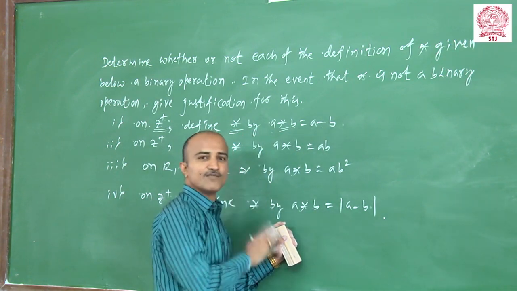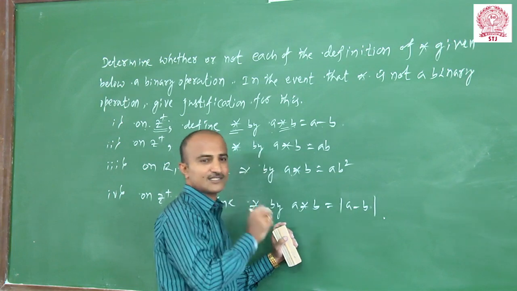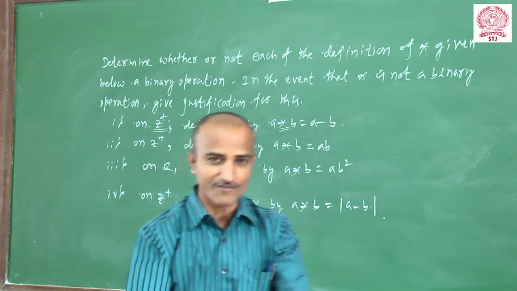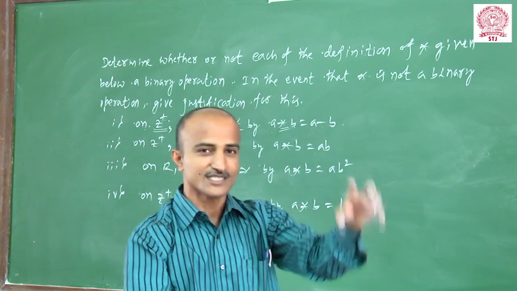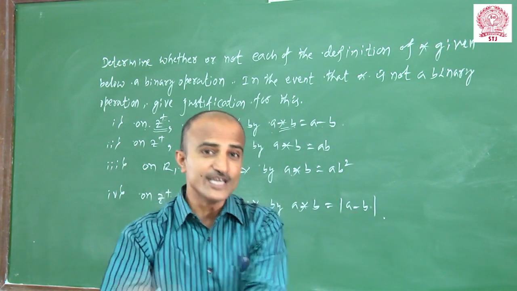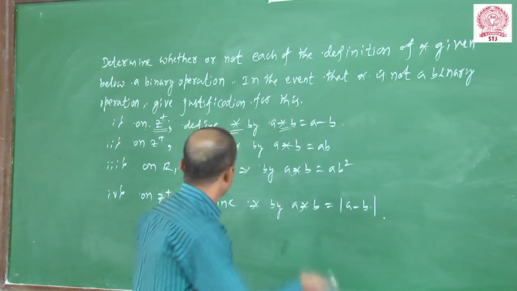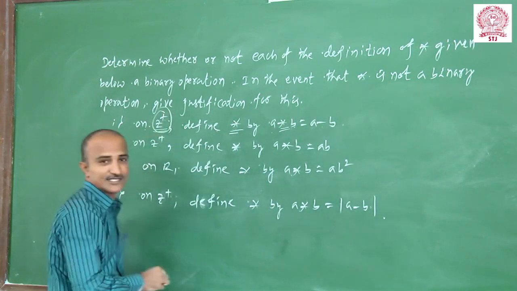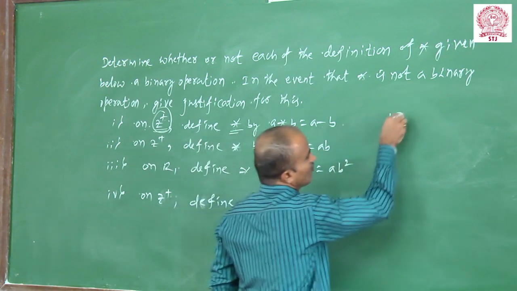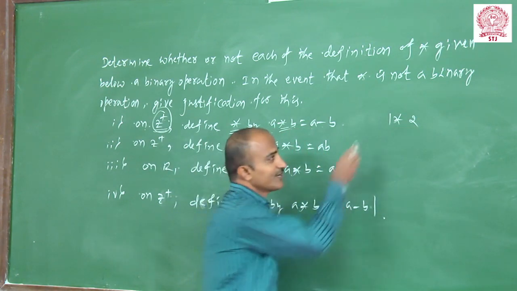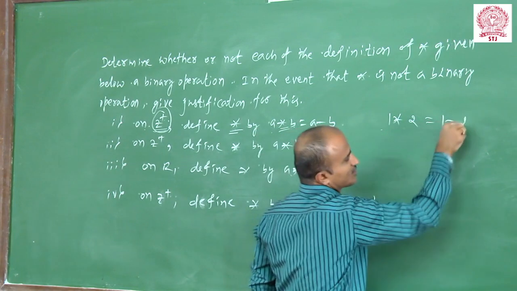Star is not a binary operation because, according to the definition of a binary operation, when a pair of elements is combined by means of star, we need to get a unique element, and that element should be in the given set. Here the given set is Z plus. Take two elements, 1 and 2. Clearly 1 and 2 are two positive integers, where 1 star 2 is 1 minus 2.